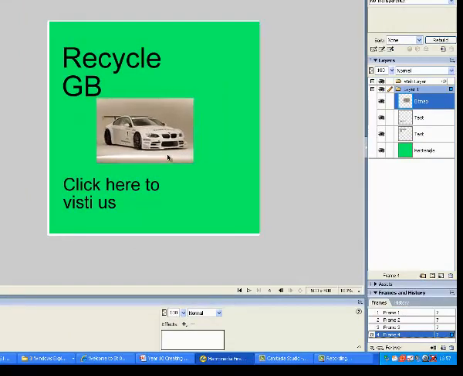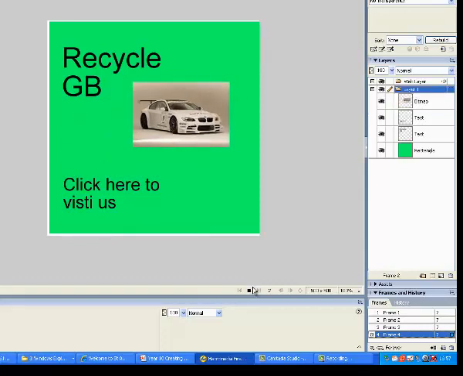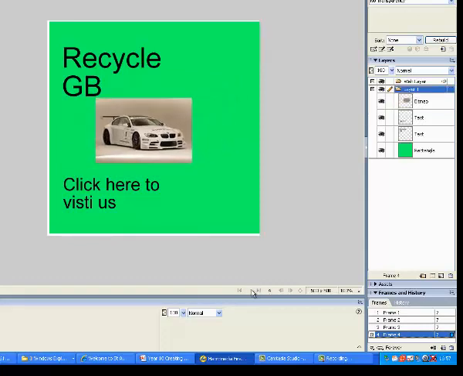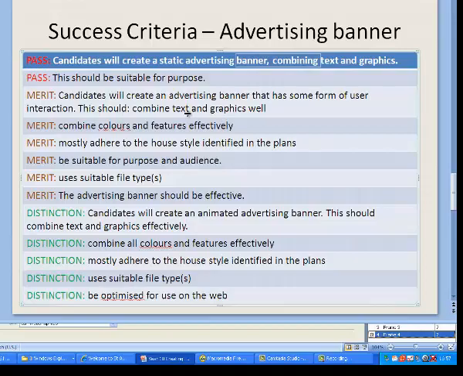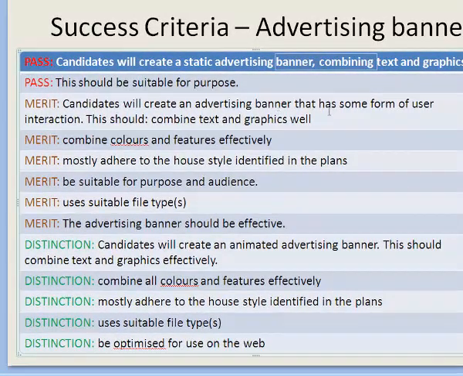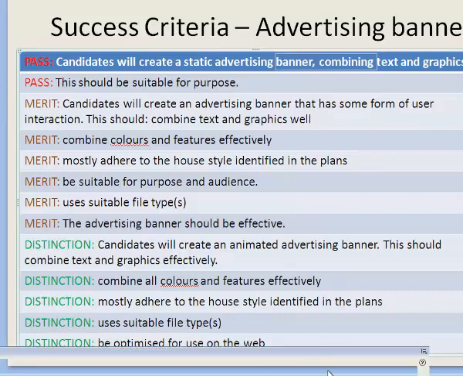And you can move it on a bit further over here. If you press this play button here, that'll play through the frames. You can see there's a bit of animation where the car image moves. Okay, and then that gives you, on the success criteria, an advertising banner that has some form of user interaction and combines text and graphics. Okay, so that's a merit level.